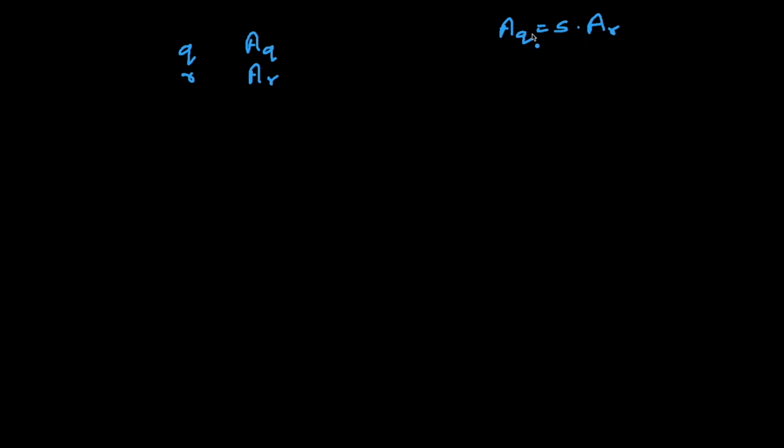These are the coefficients of the qth row and the rth row, and each coefficient is a scaled version of the corresponding coefficient of the other. So this is what we are going to talk about now.